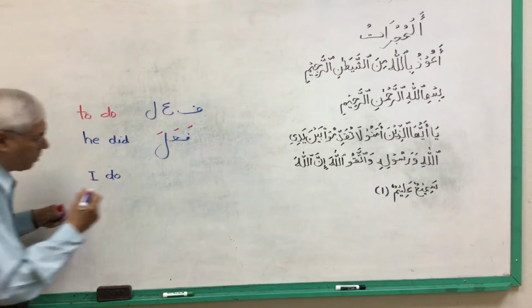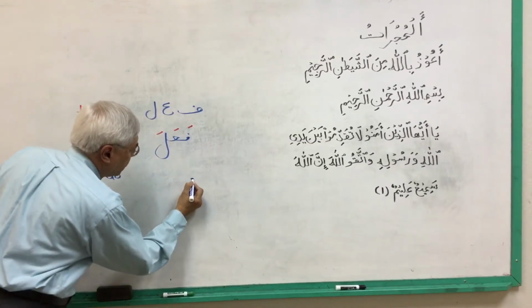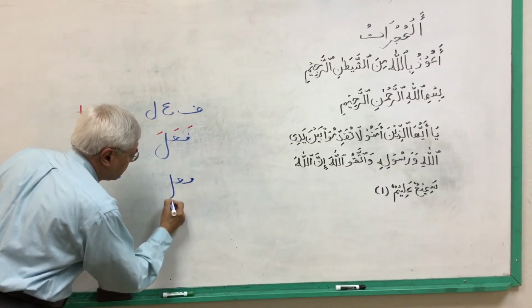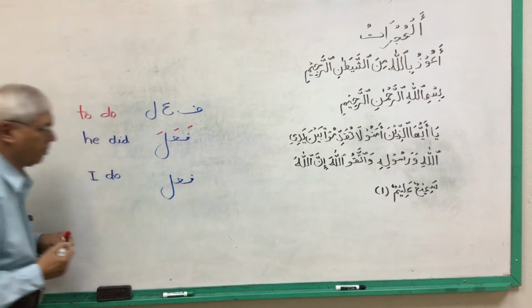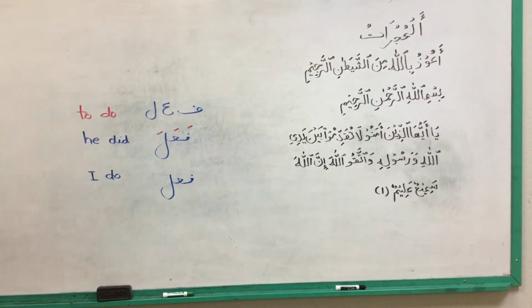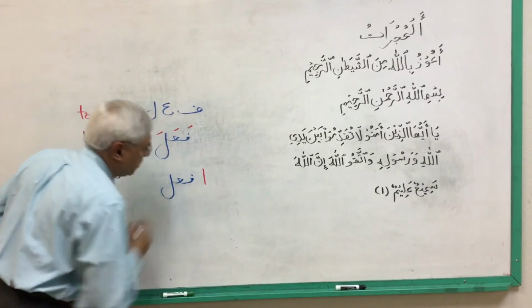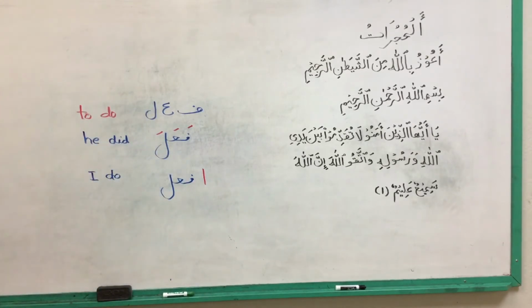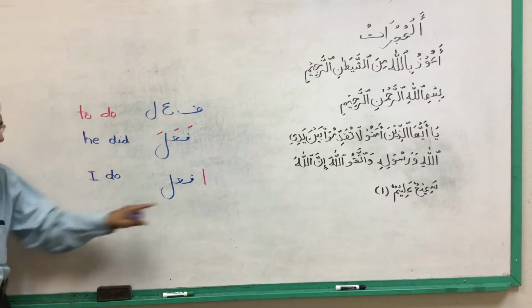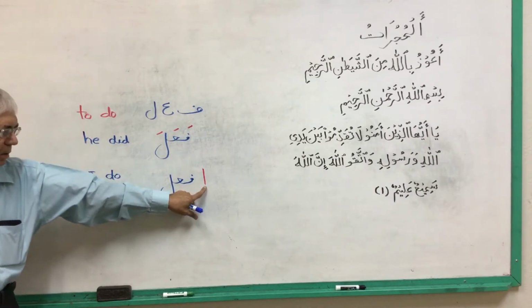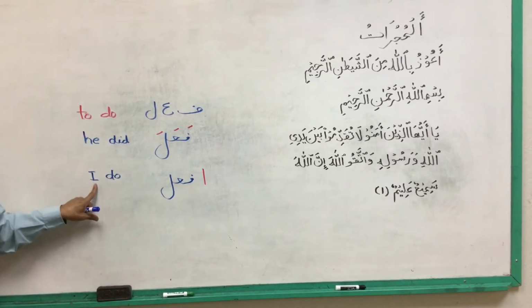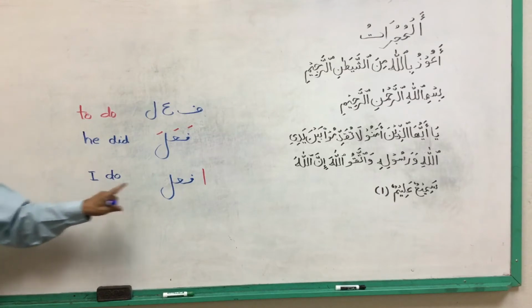So what we do in Arabic, we take these same three letters. Okay. Cannot add any other letter except those three letters which I listed in the beginning, weak letters. So I'm going to add an alif in the beginning. Okay. So just remember that in Arabic, this alif is equivalent to I. Okay.